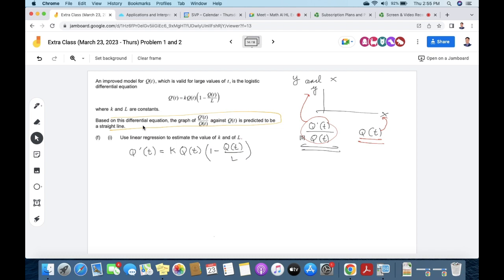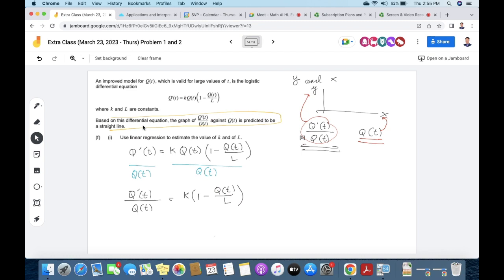That is our dependent variable. So we can only do this by dividing both sides by, very good, q of t. So we now have q prime of t all over q of t equal to k, do you follow? Times 1 minus q of t over L. Am I making sense so far? Is it clear? I'm sorry.